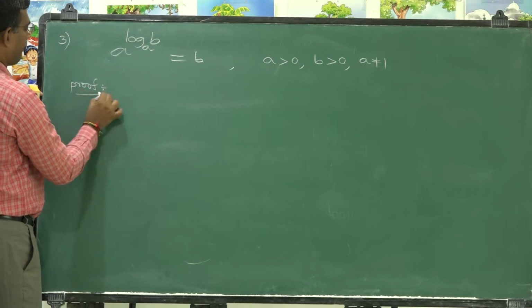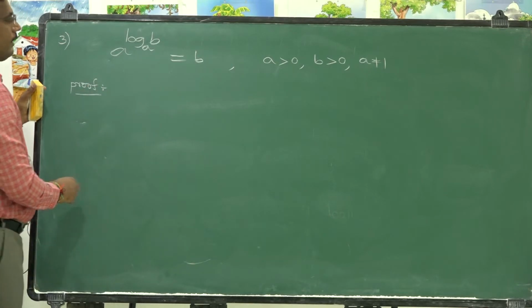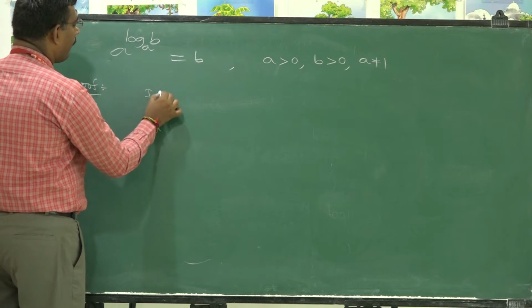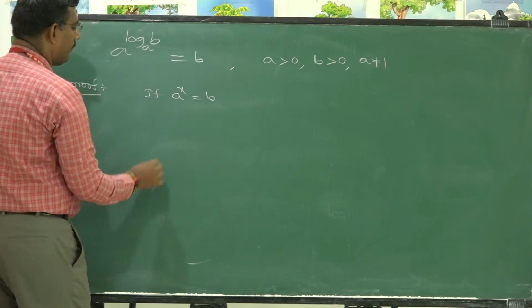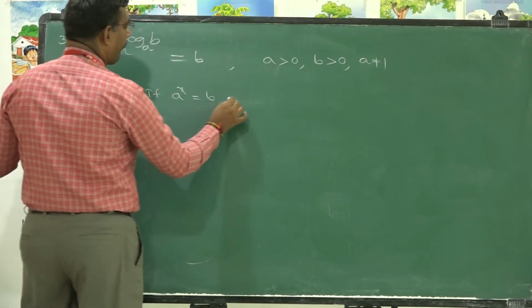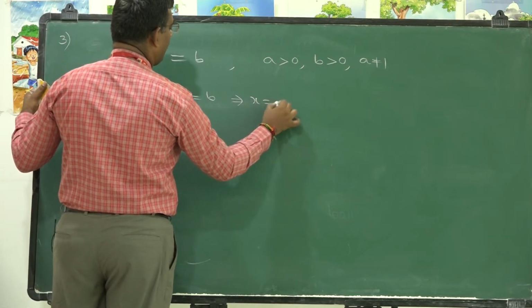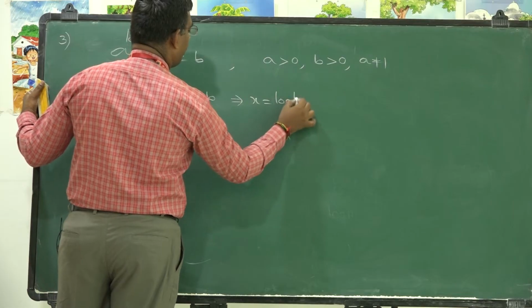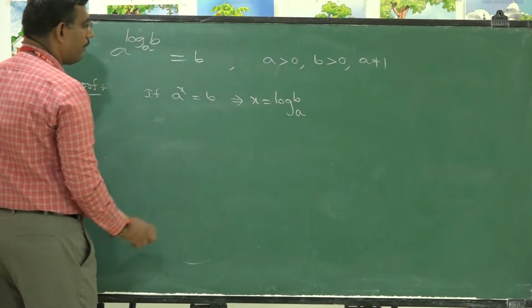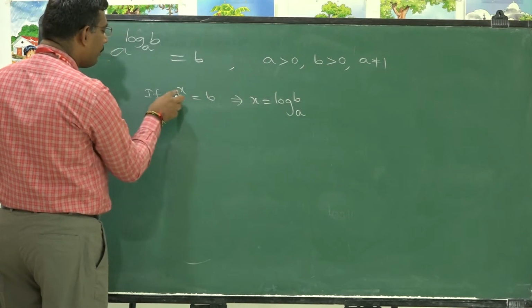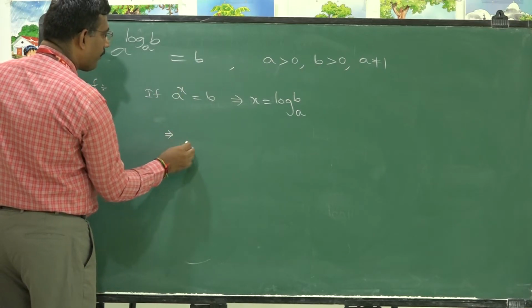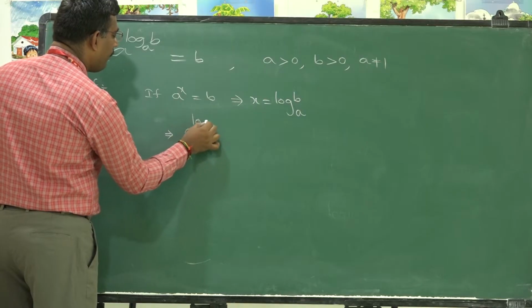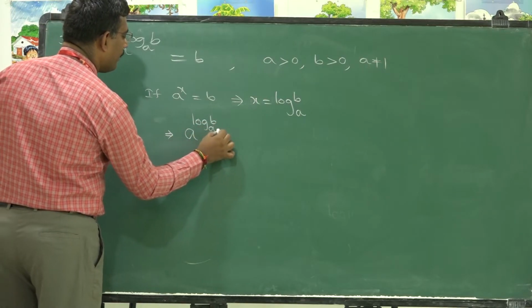From the definition of logarithm, if a power x is equal to b, then x is called logarithm of b to the base a. Now substitute the x value here. That implies a power log b base a is equal to b.